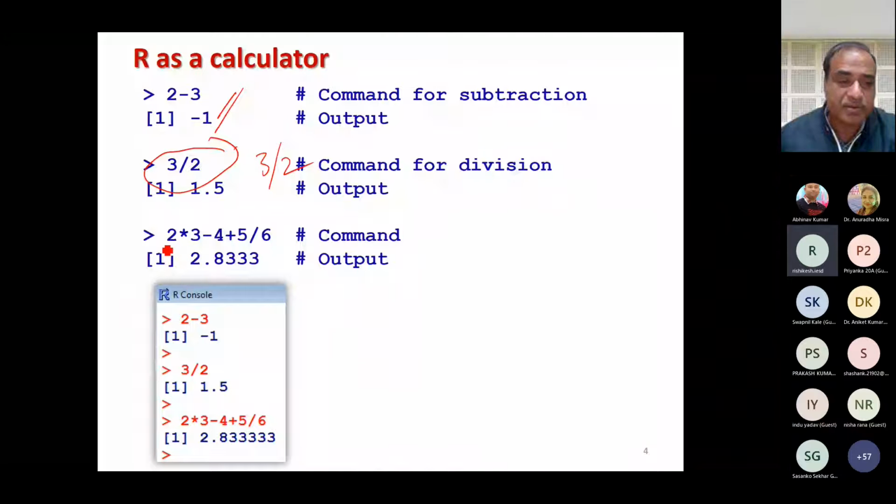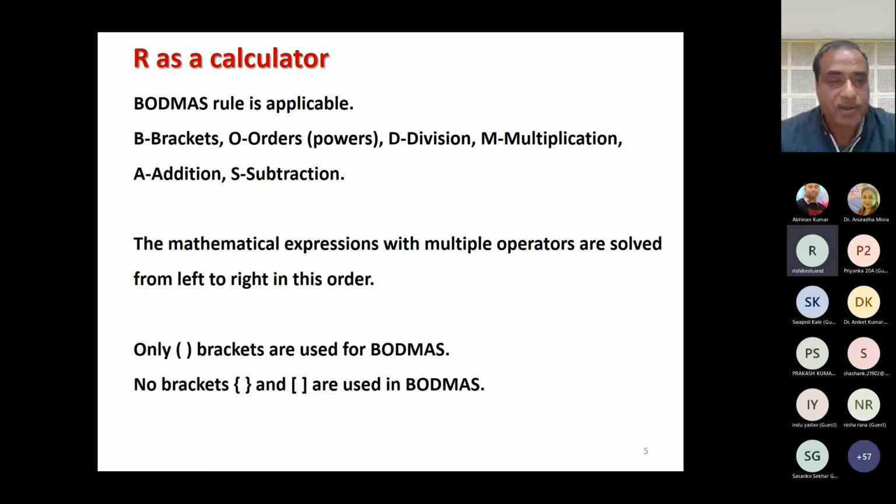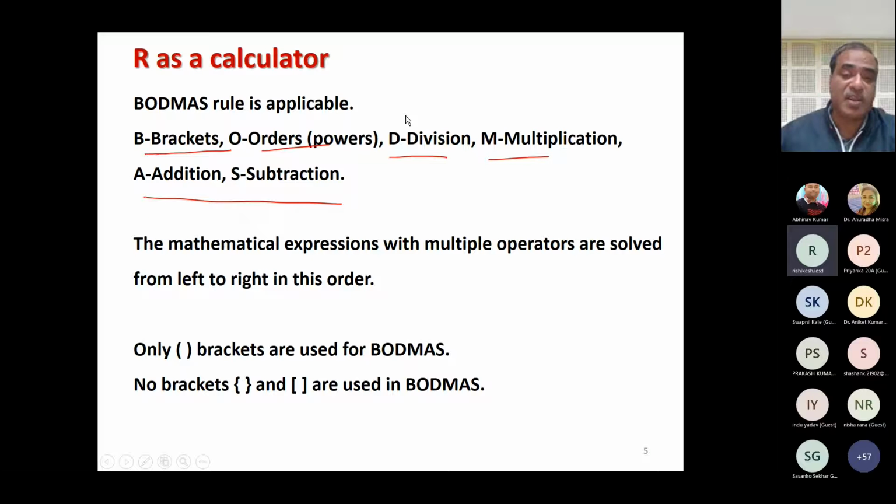Beside these operators, if you want to take a combination of them, then the BODMAS rule is applicable. You know the BODMAS rule: you first operate on the brackets, then order, then division, then multiplication, then addition, and then subtraction. The only thing to keep in mind is that in calculation only the simple bracket, the parenthesis, is used.